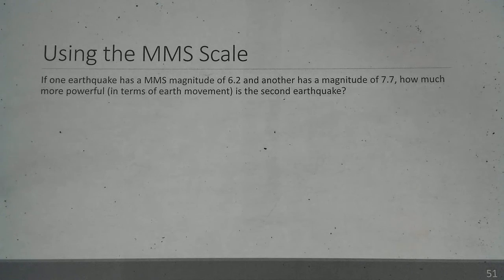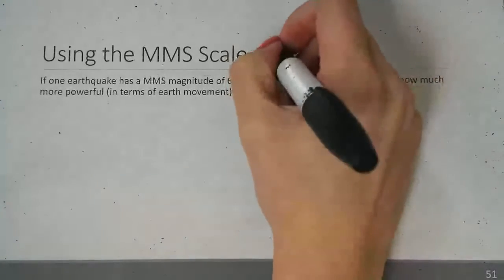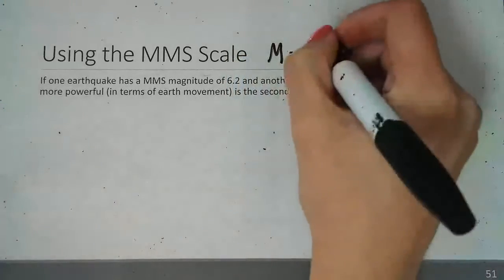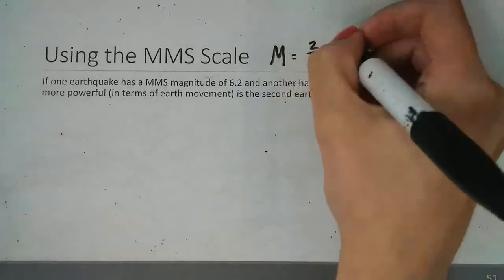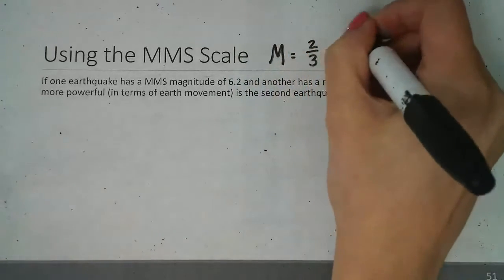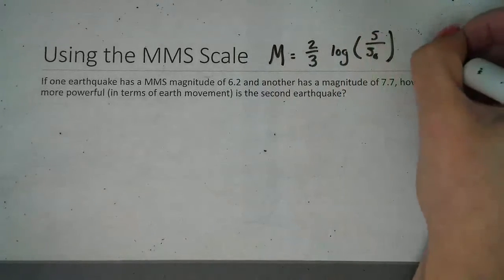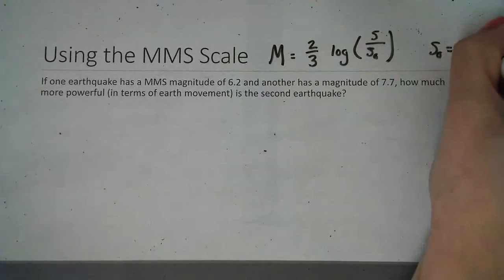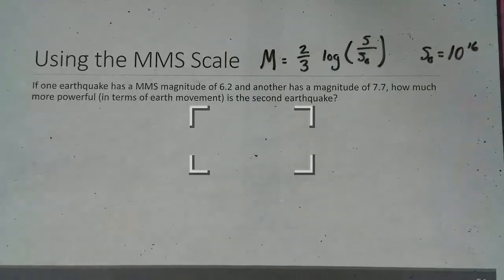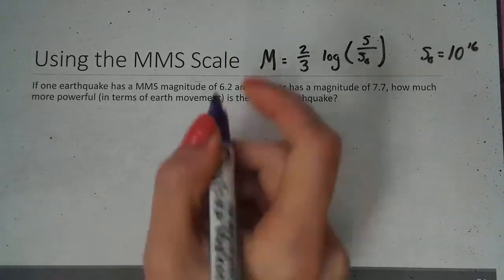I'm going to go ahead and copy over that equation that we had. The magnitude is equal to 2/3 times the log of S over S sub 0. And S sub 0 is equal to 10 to the 16th power, which is a really, really big number. Now we have two different earthquakes that we're focusing on.